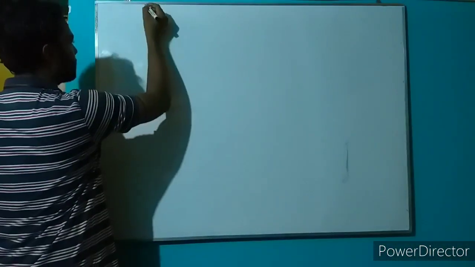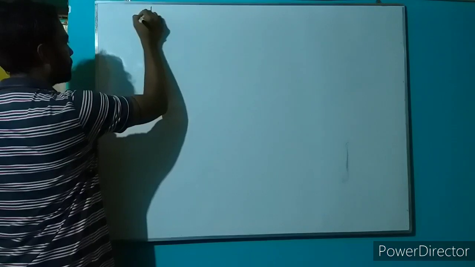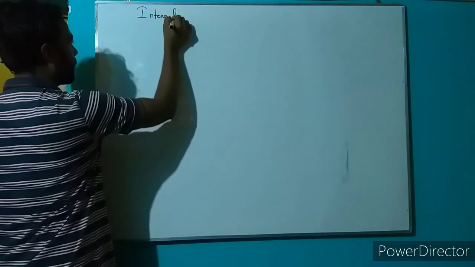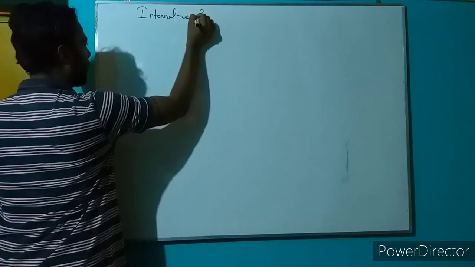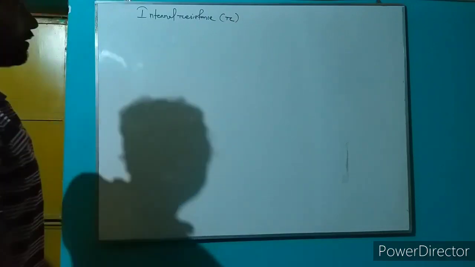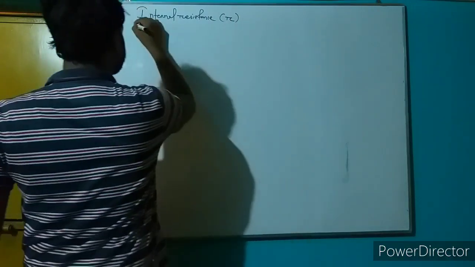Now internal resistance. It is denoted by the symbol small r, not capital R. So what is internal resistance?